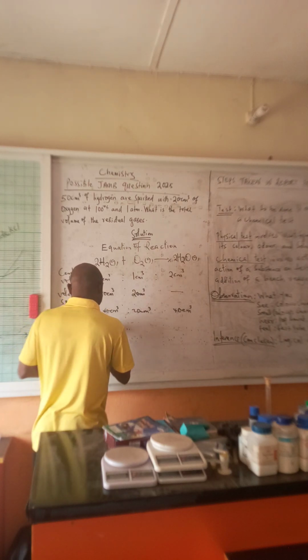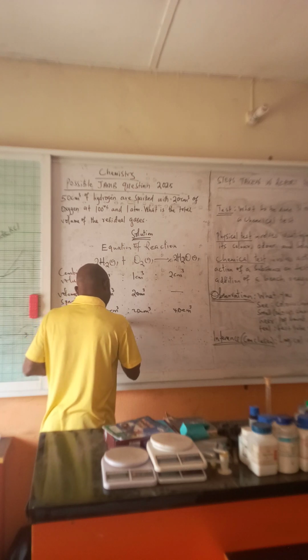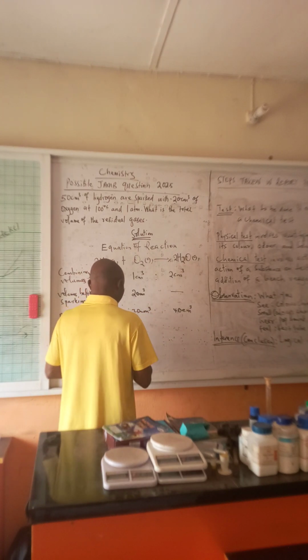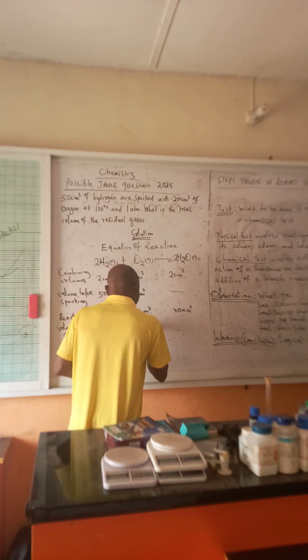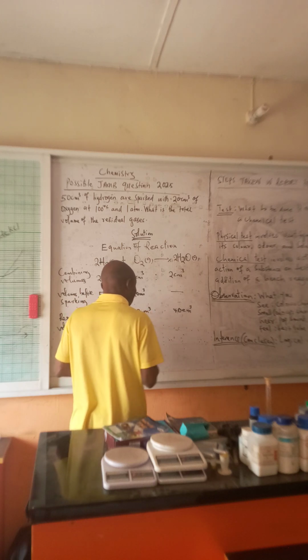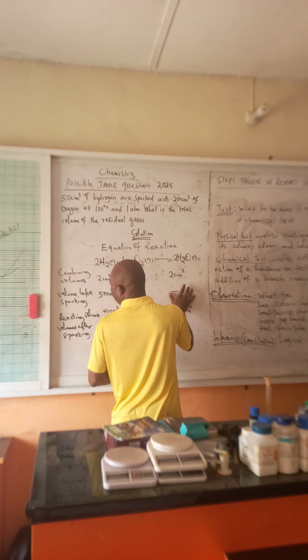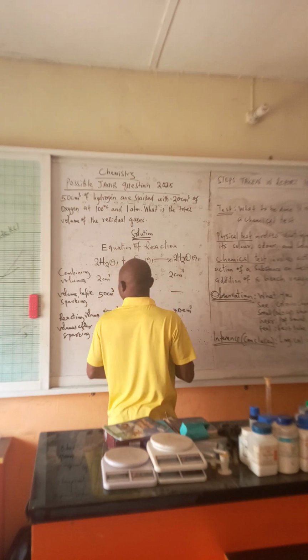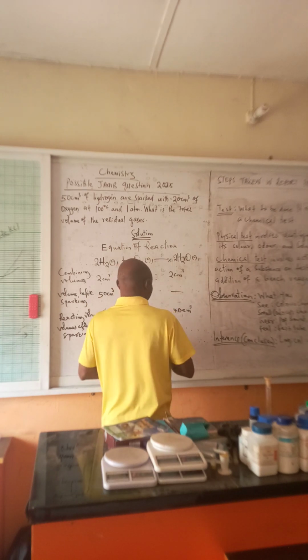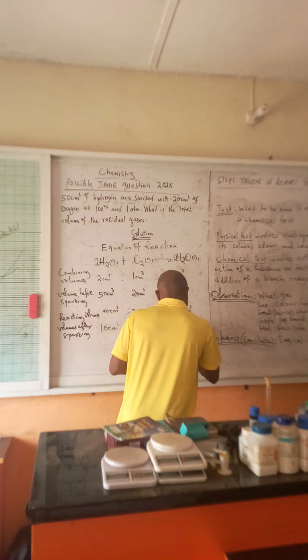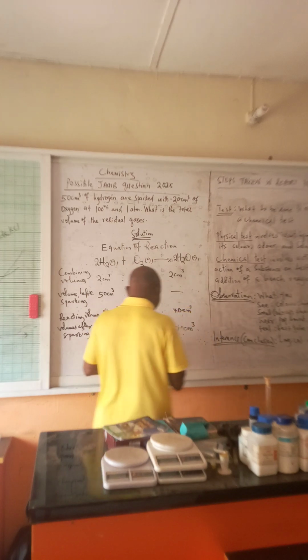Then 20 minus 20 will give us 0 cm cubed. Then for steam, there was no volume given before sparking, so bring down 40 cm cubed, which is the reacting volume.